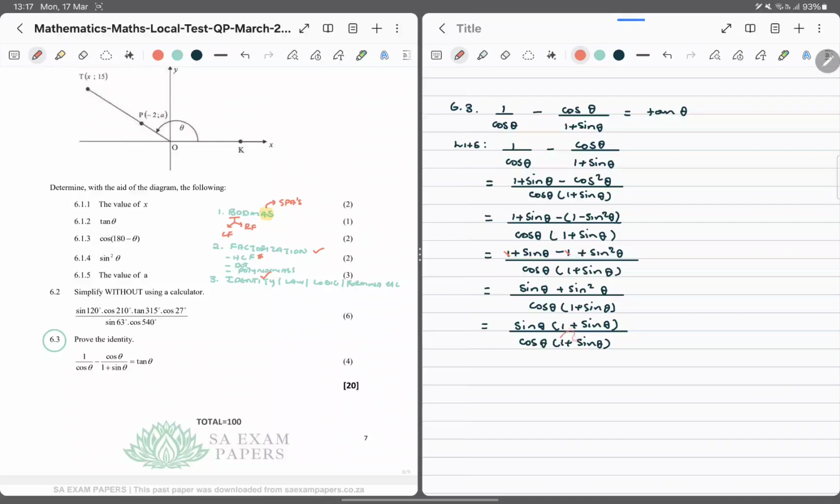Now we can see that this bracket divides that, or they two divide into 1, and we end up with sine theta over cos theta. This is essentially tan theta, which is equal to the right hand side.